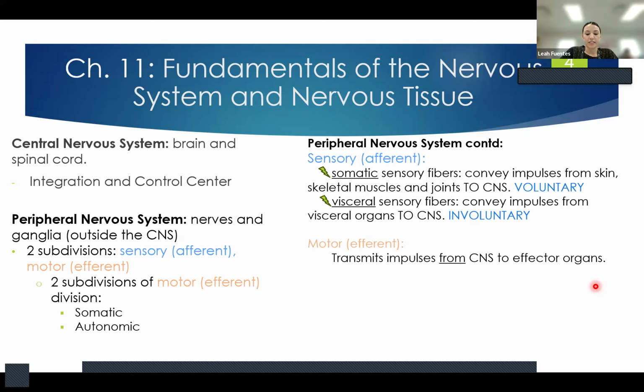This is conducting impulses from the CNS to your cardiac muscles, smooth muscles, and glands. So within the peripheral nervous system, you're going to want to know the two subdivisions of the motor, somatic nervous system and autonomic nervous system, and which is voluntary versus involuntary.